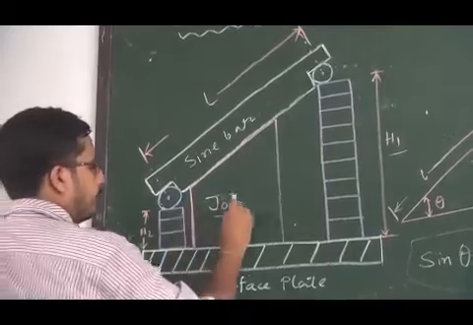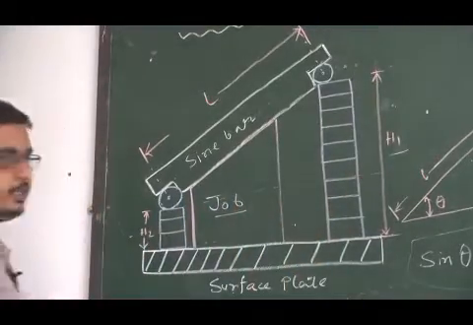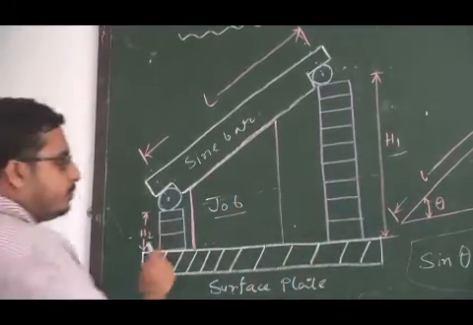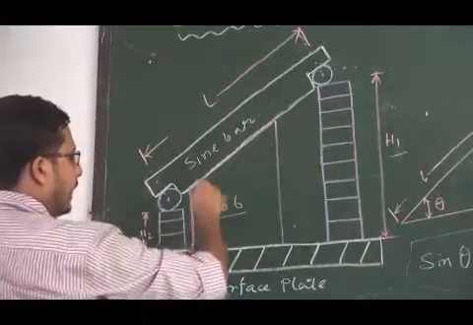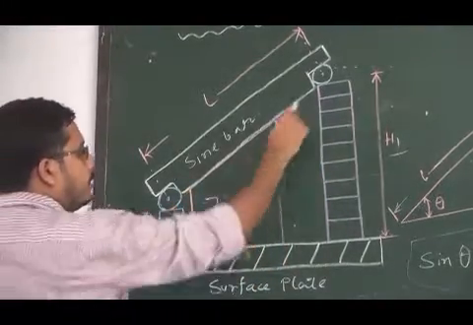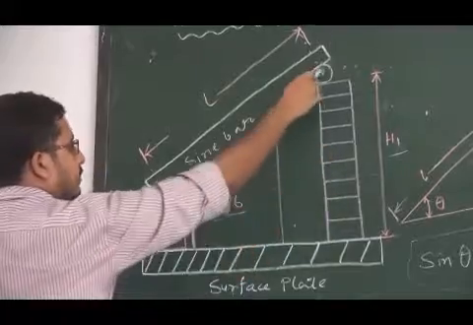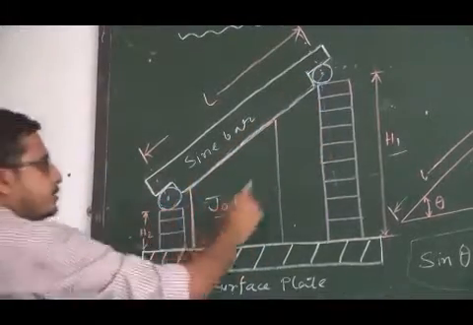So what happens in this case? We deduct this portion of height from the slip length, and we get this triangle which is shown here.